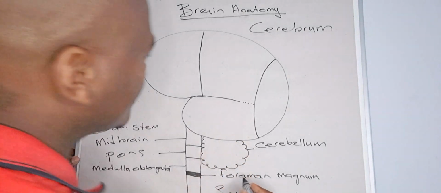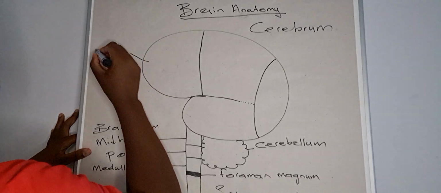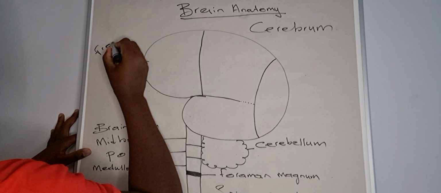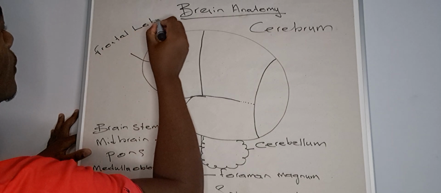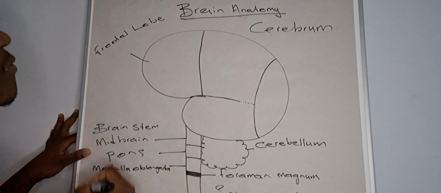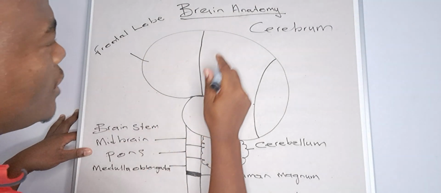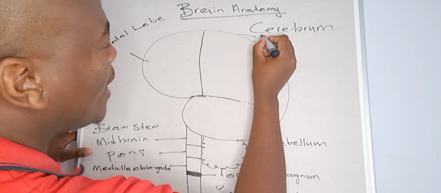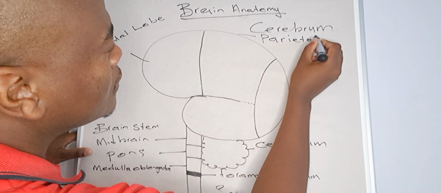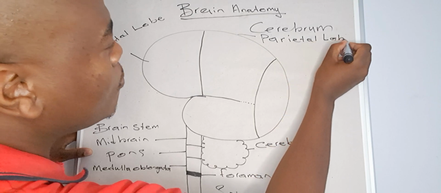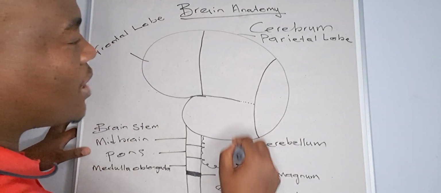So now the question is, what is the name of this one? This will be your frontal lobe. What is the name of this one, the middle one? This one is your parietal lobe. What is the name of this one? This one is occipital lobe.